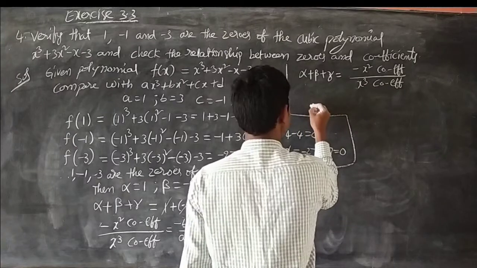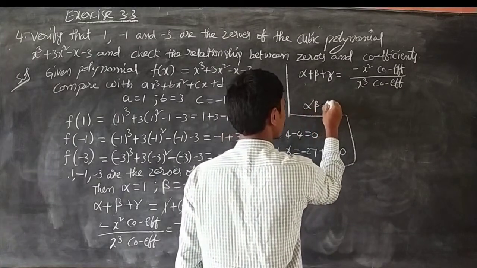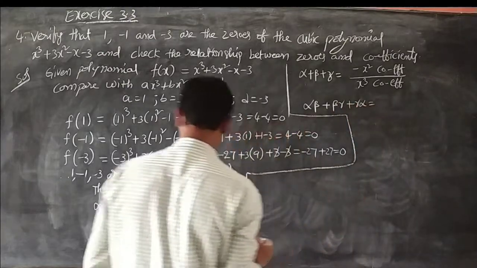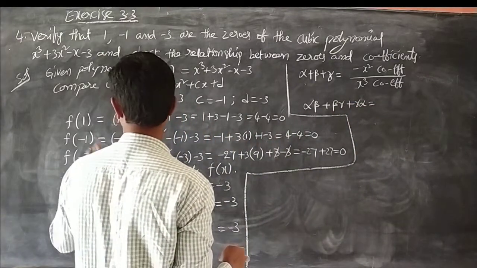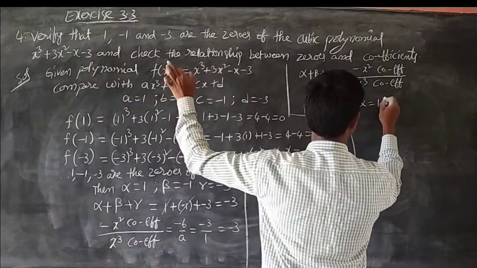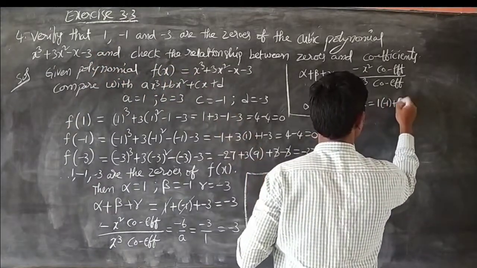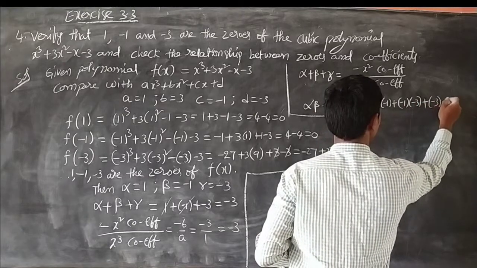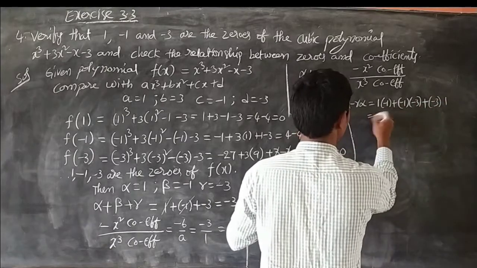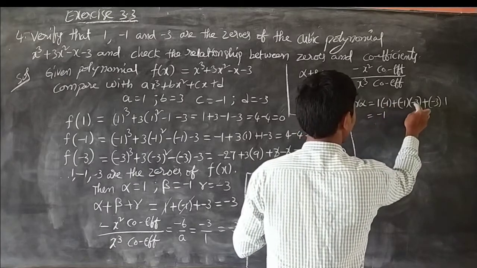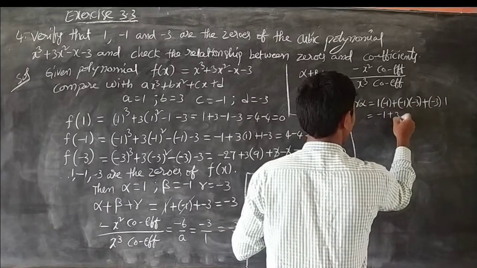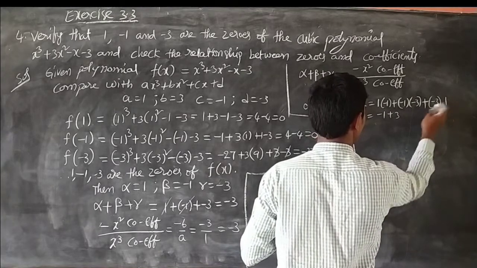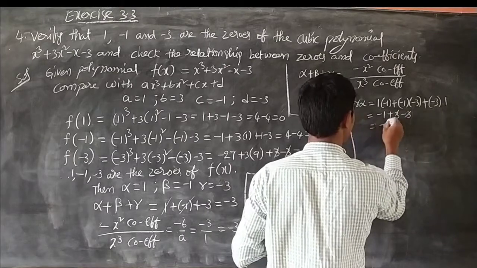Next, the sum of the products of zeros taken two at a time, alpha beta plus beta gamma plus gamma alpha, is equal to 1 into minus 1 plus minus 1 into minus 3 plus minus 3 into 1, because alpha is equal to 1. 1 ones are minus 1, minus 1 threes are plus 3, minus 3 into 1 is minus 3, so plus 3 minus 3 cancels, that is equal to minus 1.